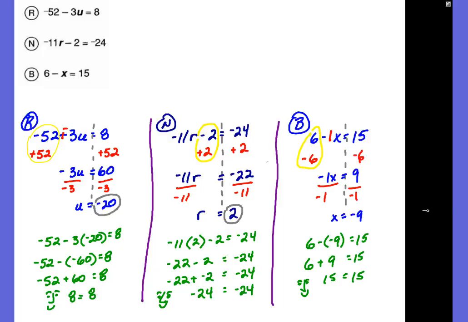And the last one, B. And you'll notice with B, what I decided to do was put a 1 in front of the x. The original problem right here is 6 minus x is 15. I decided to make it 6 minus 1x, because when the 6's cancel out, I subtract a 6 from that 6, what comes down is this idea of a -1 coefficient.